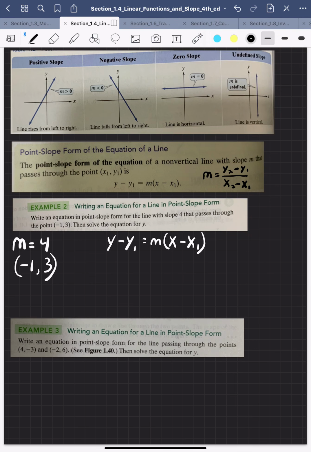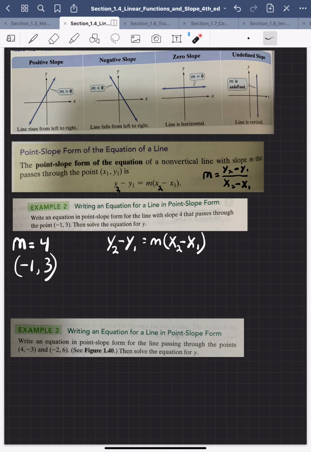So if you don't mind, I'm going to go ahead and write this as y sub 2, x sub 2. That way it looks exactly like what we started with here. And this is going to be y sub 2, x sub 2. Same thing. It's just preference.